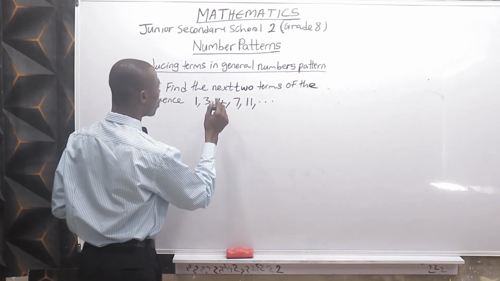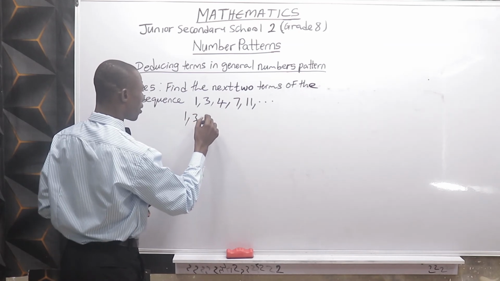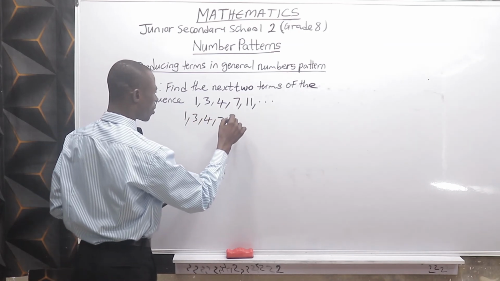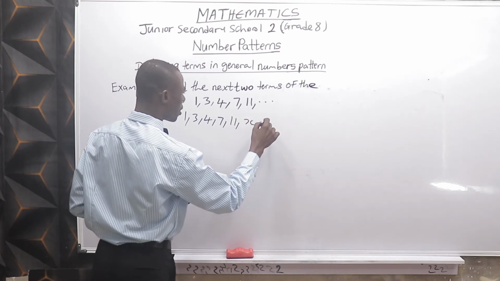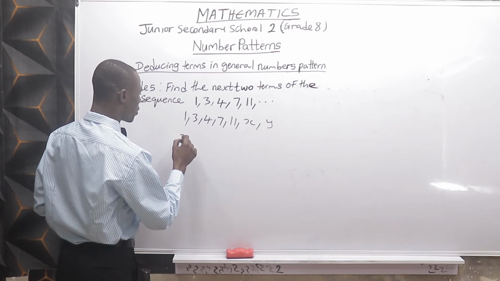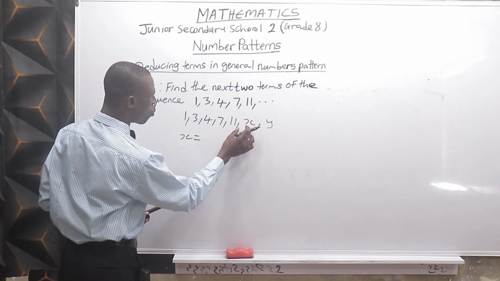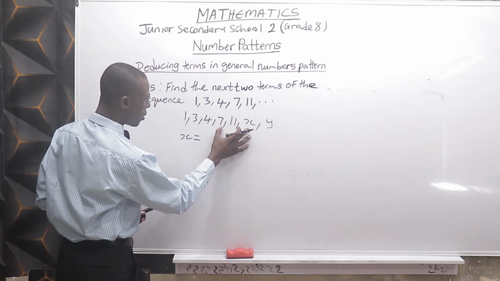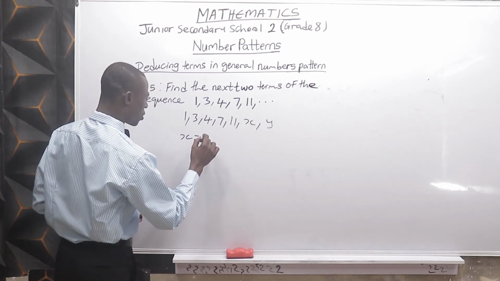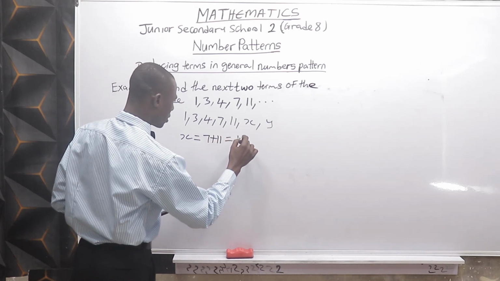Definitely, to get the next 2 terms, just rewrite 1, 3, 4, 7, 11, x, y, the next 2 terms. So x will be equal to the sum of the 2 preceding terms, 7 and 11. That is, x is equal to 7 plus 11, which is 18.